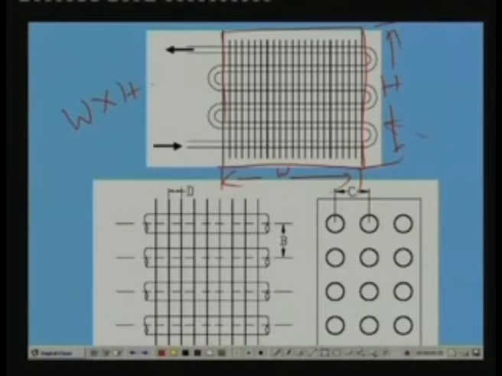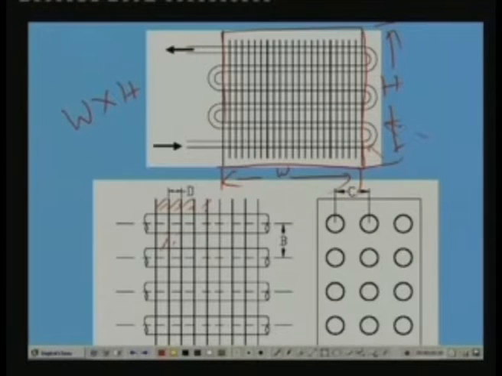Okay, but you will find from this figure that the actual area available for airflow is not equal to face area, because the actual area available, if we look at this drawing, is nothing but this. Because face area consists of the area occupied by the fins as well as the area occupied by the tubes.